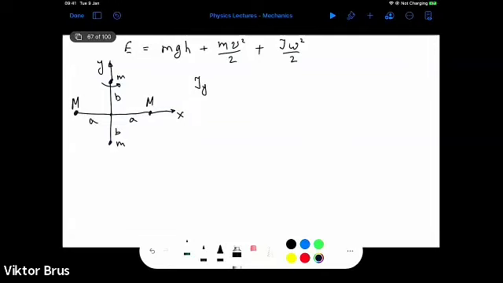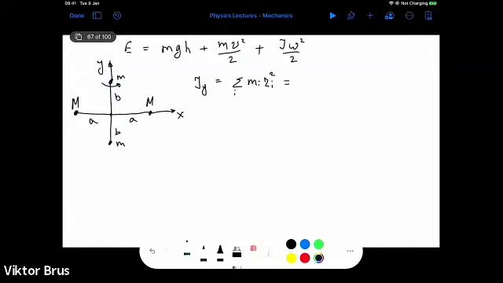So for this purpose, we need to apply our previously derived equation. It will be the sum over all masses, m_i times r_i squared.